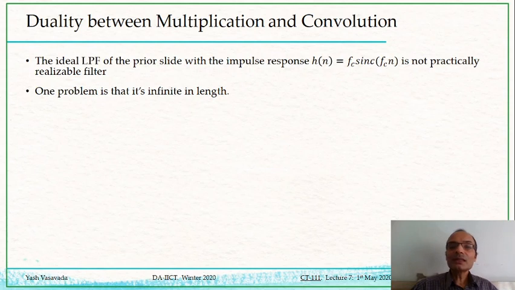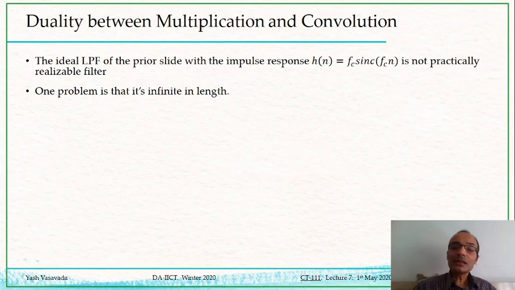One is that its length is infinity. The sinc function is sine x over x. The sine function is defined from minus infinity to plus infinity of time, or this index n. So it is infinite in length.